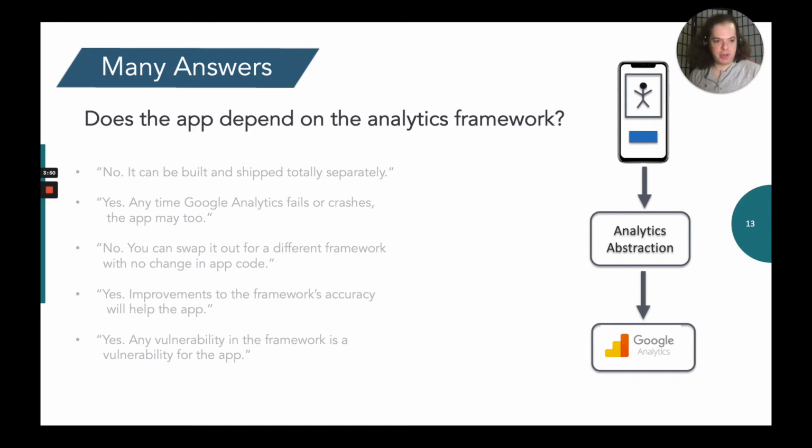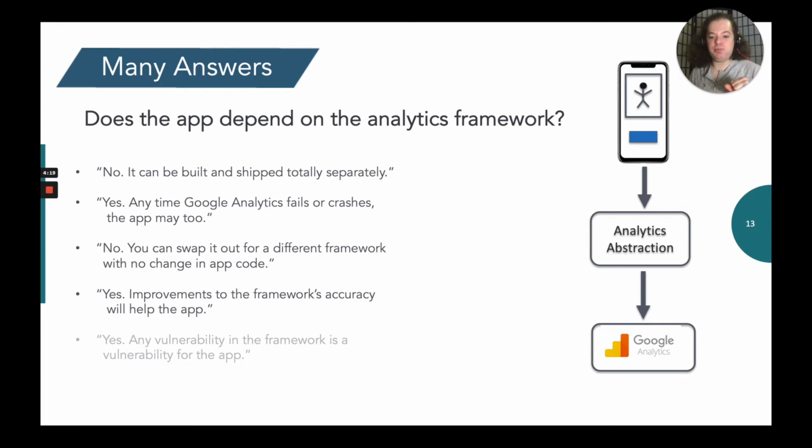As our first step, we can actually see that there's not just one question of dependence, it's actually many. So I can give many answers to the question of the analytics framework. Does it depend? No, I can build them separately. But yes, a crash in the framework will be a crash in the app. But no, I can just use a different framework without changing the code, and I'll still have working analytics, except it's an open secret that no 2 analytics frameworks give the exact same numbers.